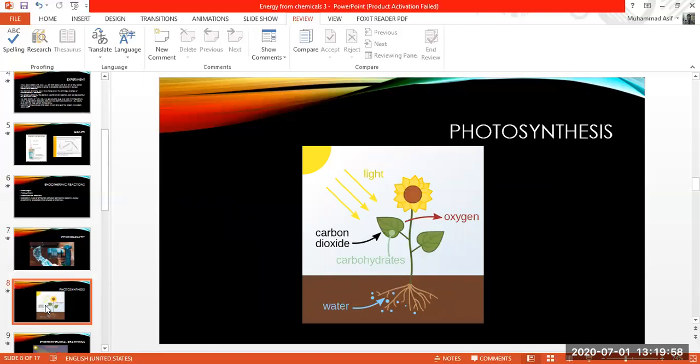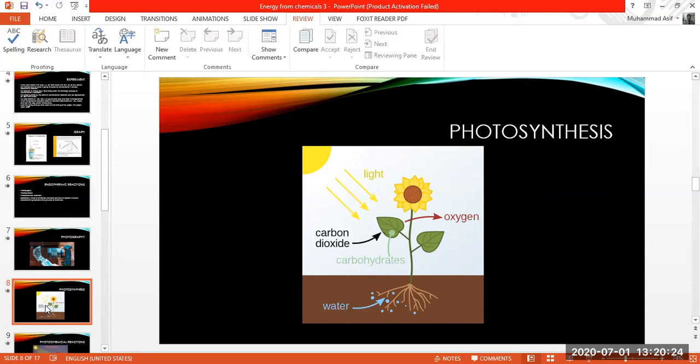Second, photosynthesis. As we are well aware of this process, the process taking place in green leaves of plants, but this process takes place only when light is present. If light is not present, then photosynthesis will not be executed.